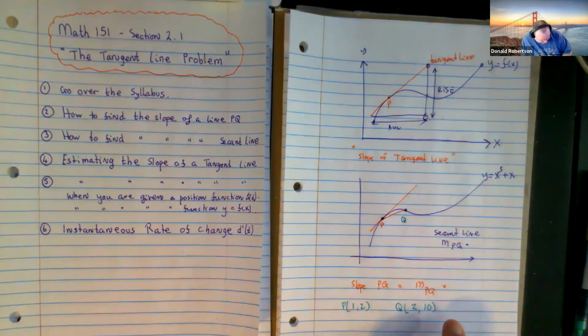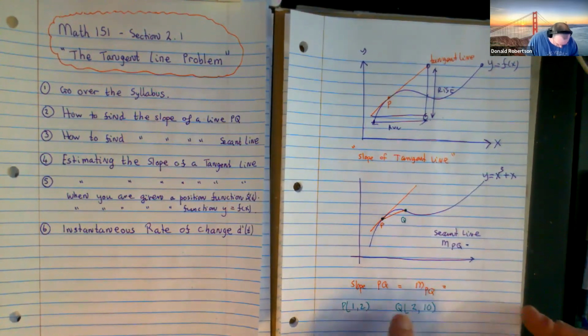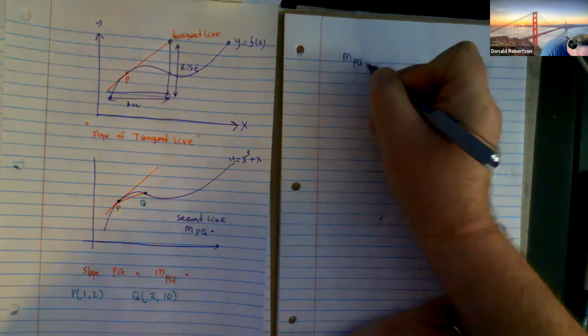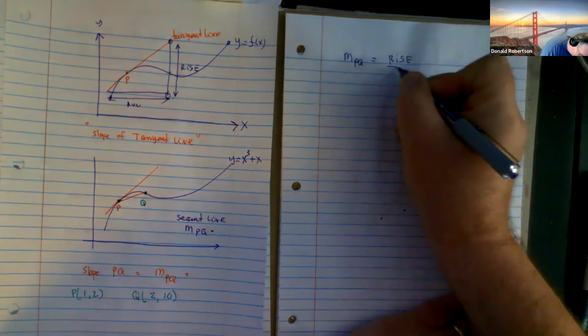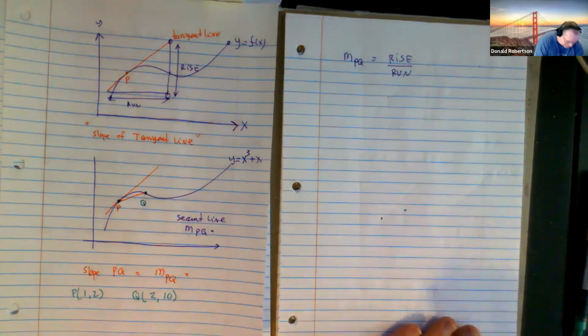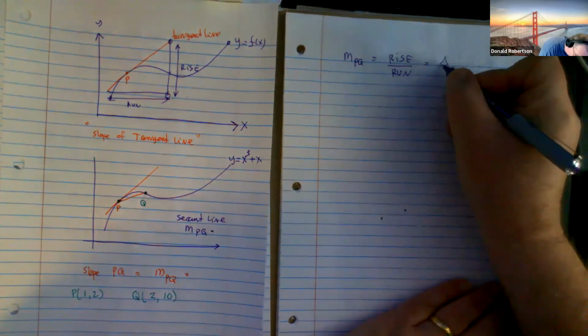If you want to find the slope of a line joining two points together, there is a formula for finding the slope. The slope of a line is the rise divided by the run. Isn't the rise the difference in the y coordinates divided by the difference in the x coordinates?